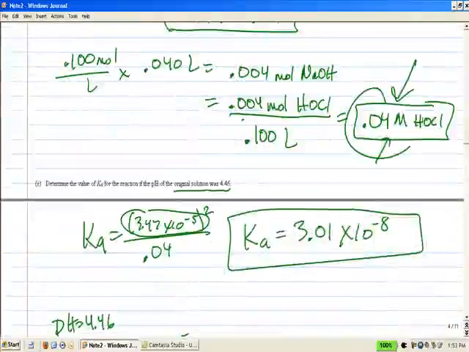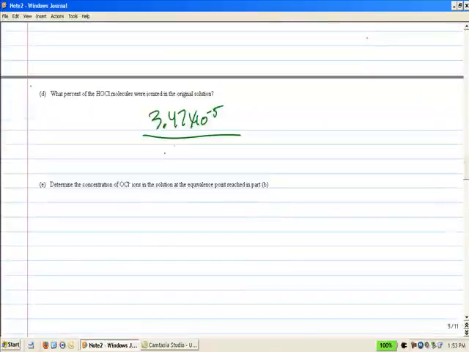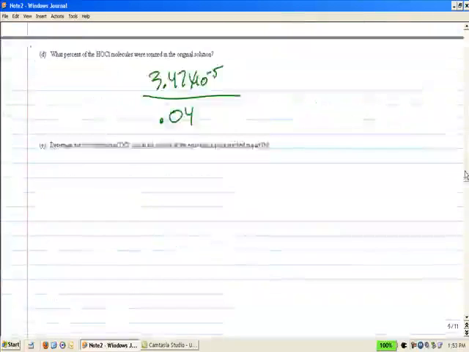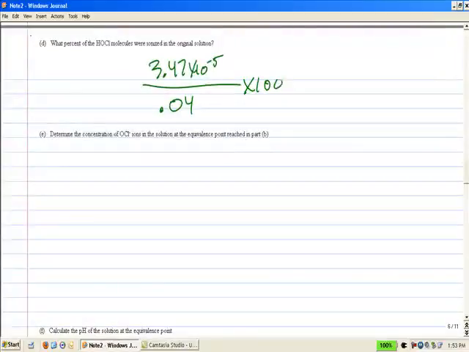Compare that to our original concentration, 0.04, and to get a percent, we multiply by 100. So 3.47 times 10 to the minus fifth divided by 0.04, and we're going to multiply by 100, and I get a response of 0.086, let's say 0.09%. So a very, very small amount actually ionized.